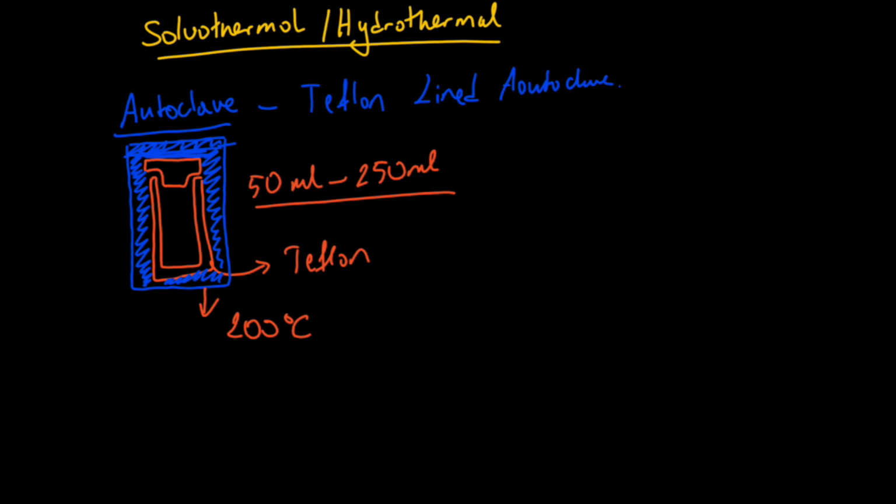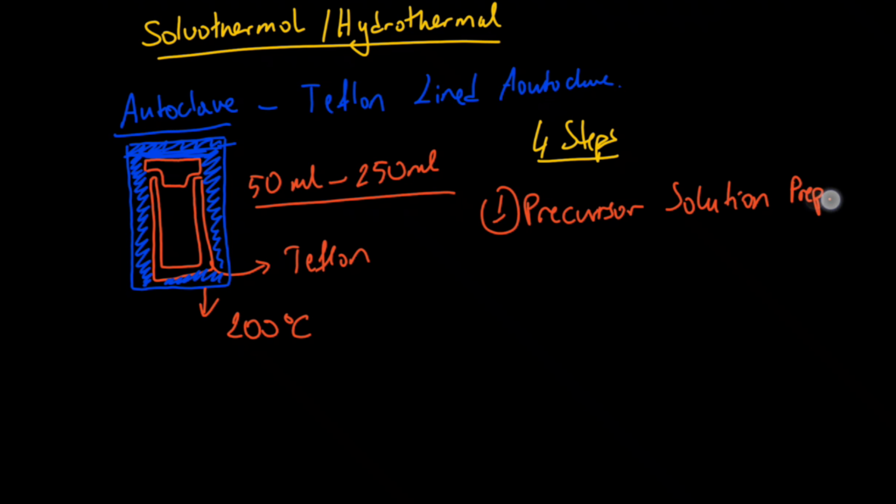So we have again 4 steps for this process. The first step is precursor solution preparation. Metal salts or metal organic compounds are dissolved in water or an organic solvent.